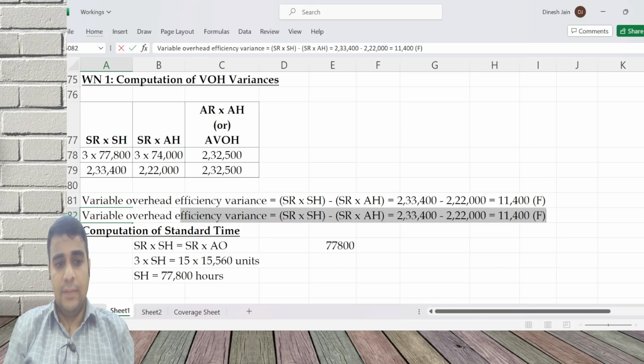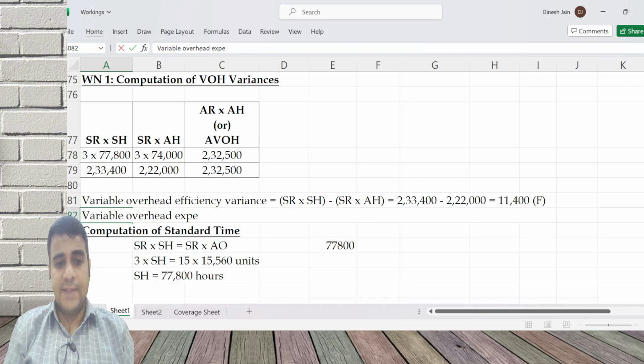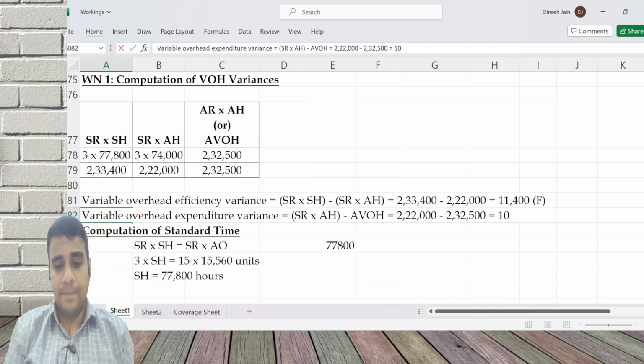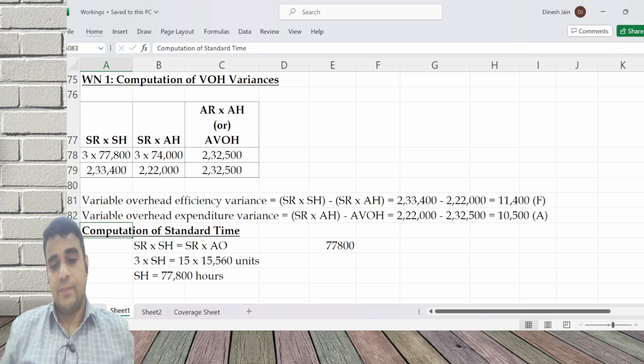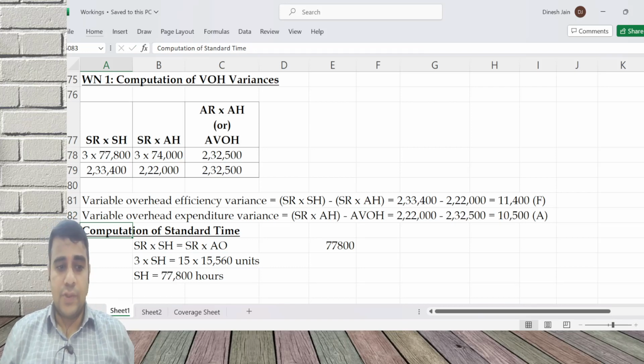Variable overhead expenditure variance is SR into AH minus AVOH. 2,22,000 minus 2,32,500, 10,500 adverse.